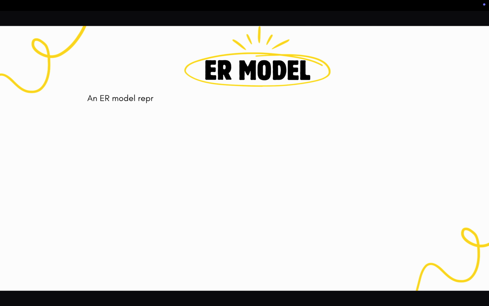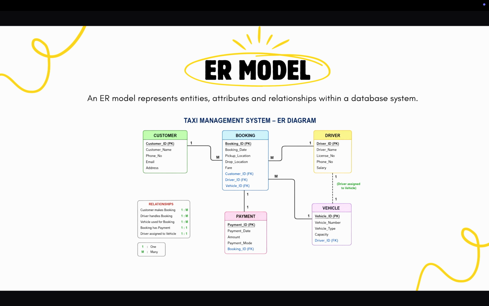Let's discuss the ER model. The entity relationship model is used to visually represent the structure of a database. It identifies entities, their attributes, and the relationships between them. This ER diagram represents the structure of a taxi management system database. The main entities include customer, booking, driver, vehicle, and payment.